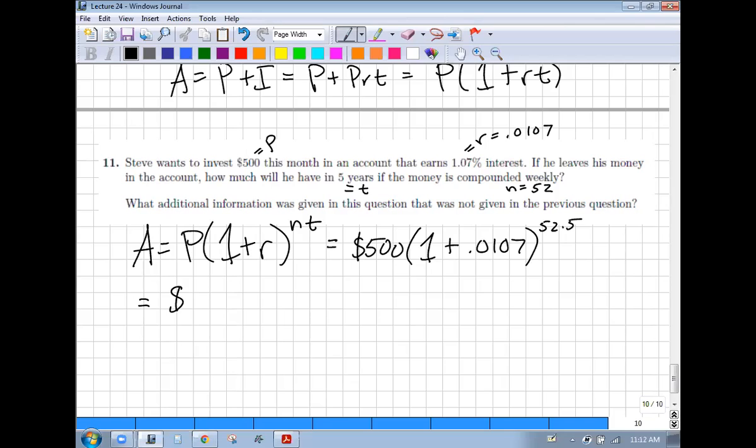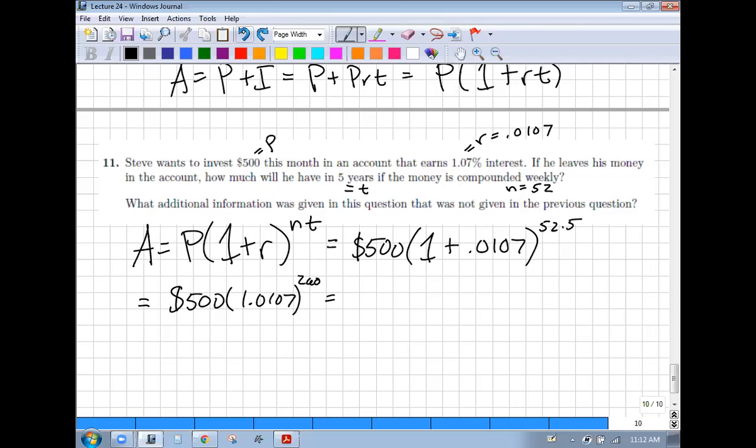Let's simplify this thing. If we add 1 to 0.0107, we get 1.0107. If we take 52 and multiply it by 5, 52. If you're using an iPhone or real simple calculator, you kind of have to break it down like this. We need to multiply this out. Now, you can't just type this in from left to right and expect to get the right answer.